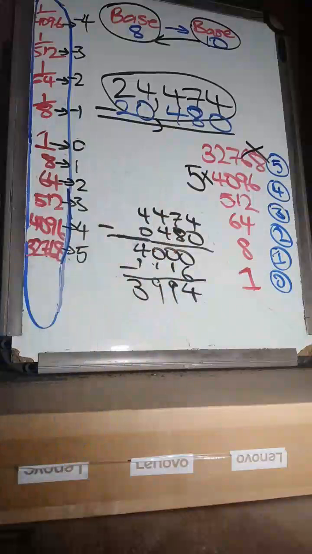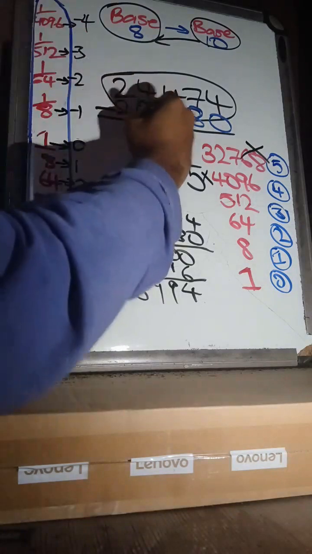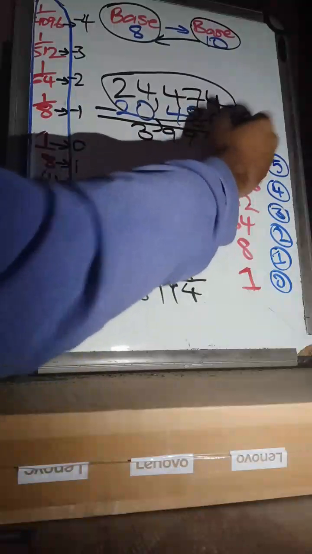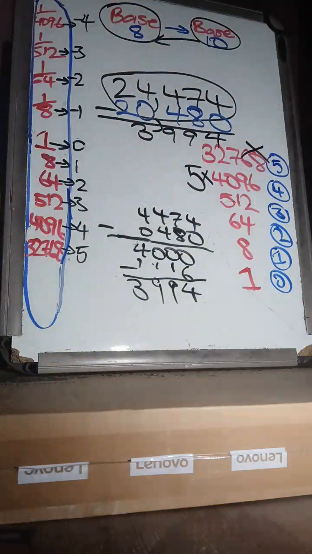Yeah, so my result would be 3,994. So I'm going to put that up here. And we can do that manually and see how that would go.